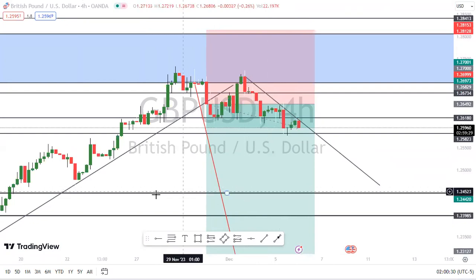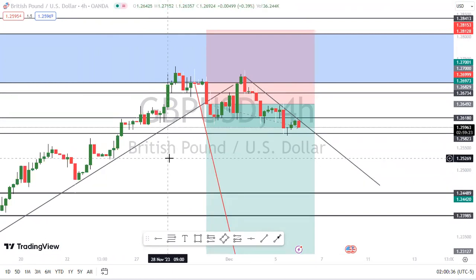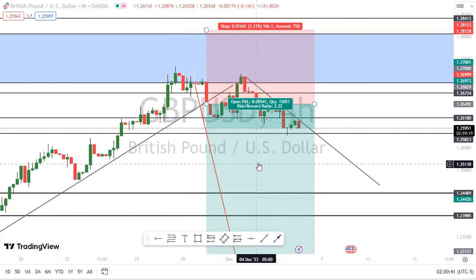But whenever you hit your second take profit, even if the market goes back to the first take profit and respects the level before continuing down, that is the time you can move your SL to break even, at least maybe somewhere around here.